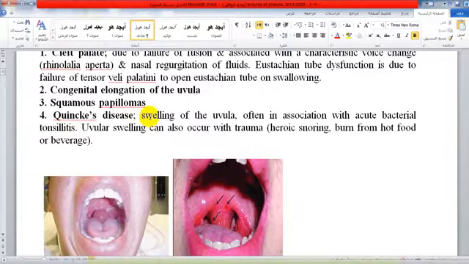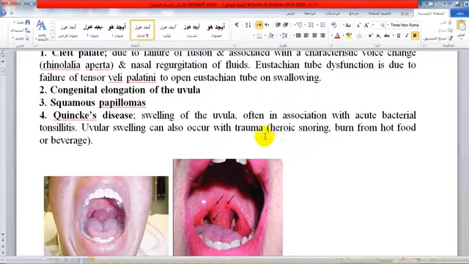especially in the oral cavity, in which there is swelling of the uvula causing uvulitis, often in association with acute bacterial tonsillitis. Uvular swelling can also occur with trauma like heavy snoring, or burn from hot food or beverage.